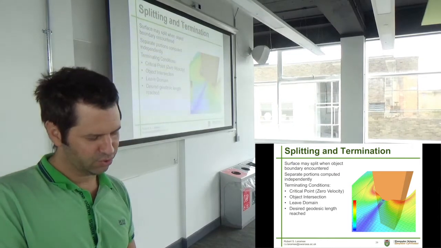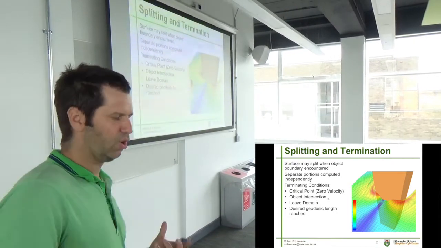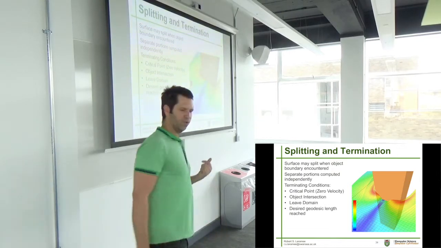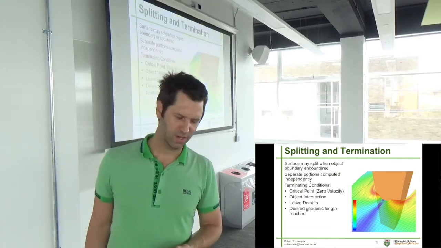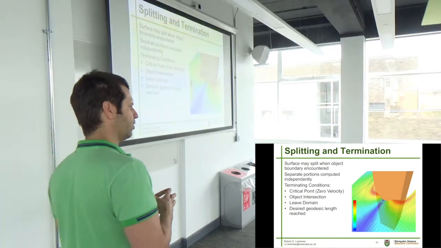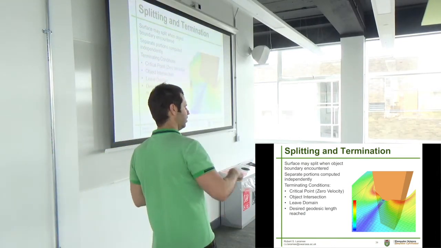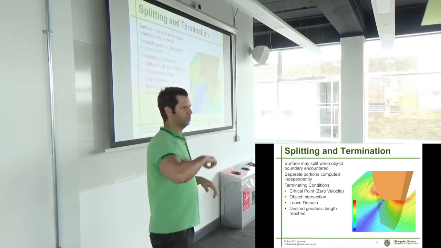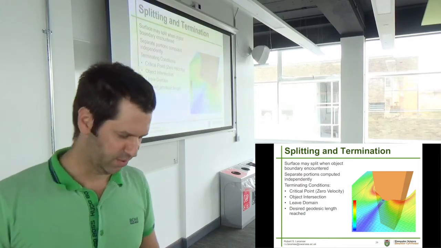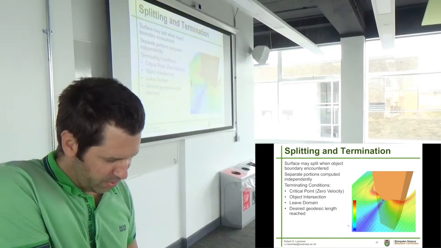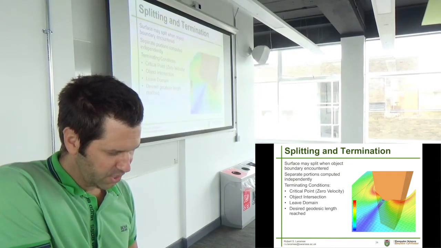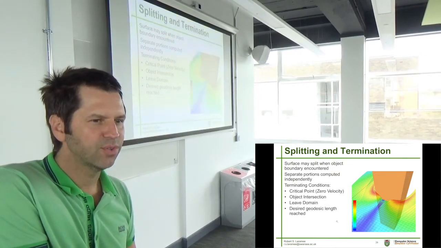The same is true for object intersection, which also shows up as zero velocity. When we exit the domain, obviously, or if we just have a maximum length and we don't want the stream surface to spiral forever in some vortex, for example. By the way, this stream surface is color mapped. Can anybody guess what the color is mapped to in this case?